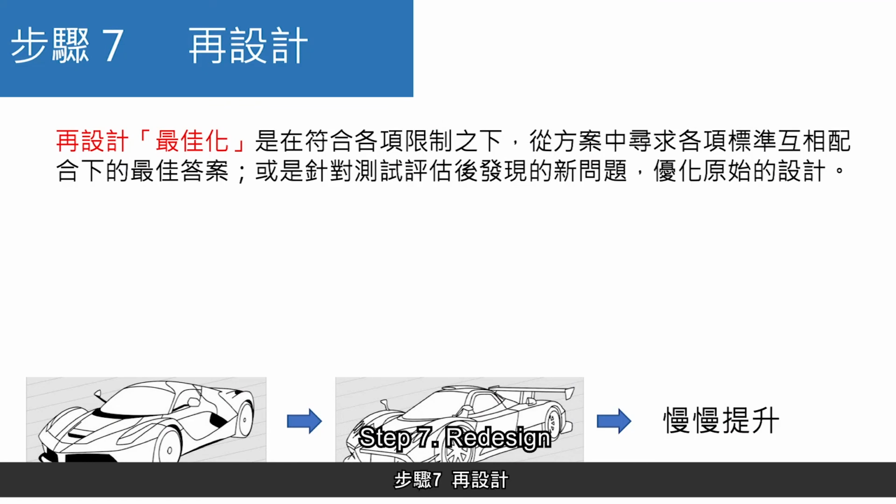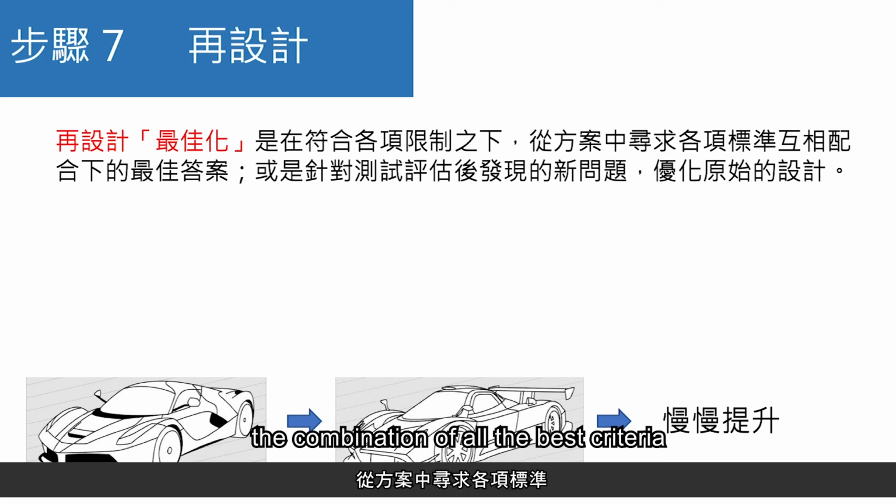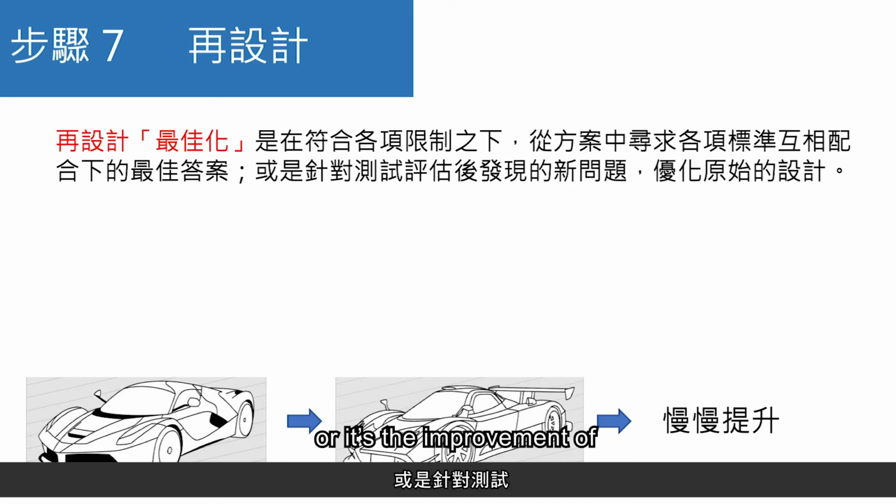Step 7, the redesign. Redesigning for optimization is to find the best solution from the combination of all the best criteria that meet the restriction requirements. Or it's the improvement of the original design due to the finding of new problems after testing and evaluations for our compressed air racing cars project.